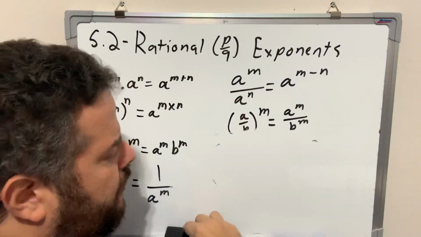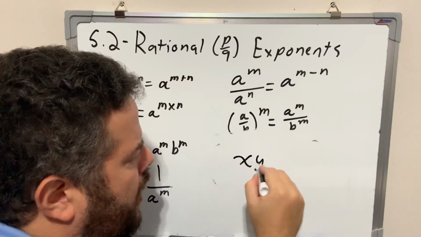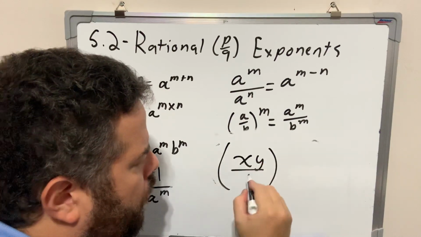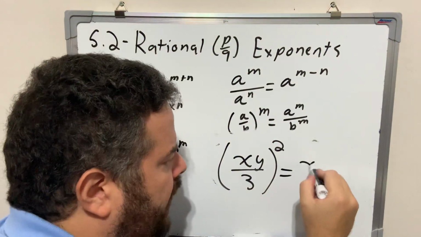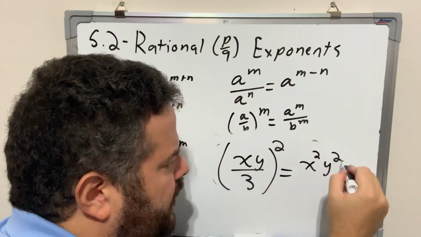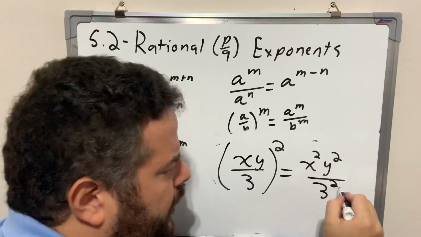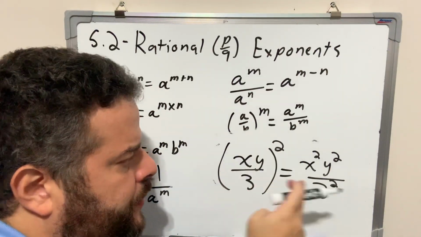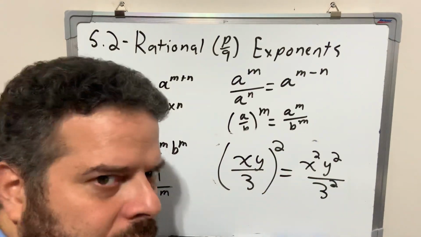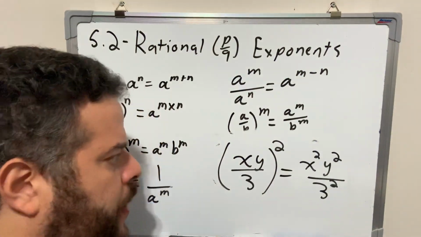If I have xy over 3, all to the second power, this is going to be x to the second power, y to the second power over 3 to the second power. Remember, the square applies to all terms, not just y or something for some reason. You just distribute it properly.